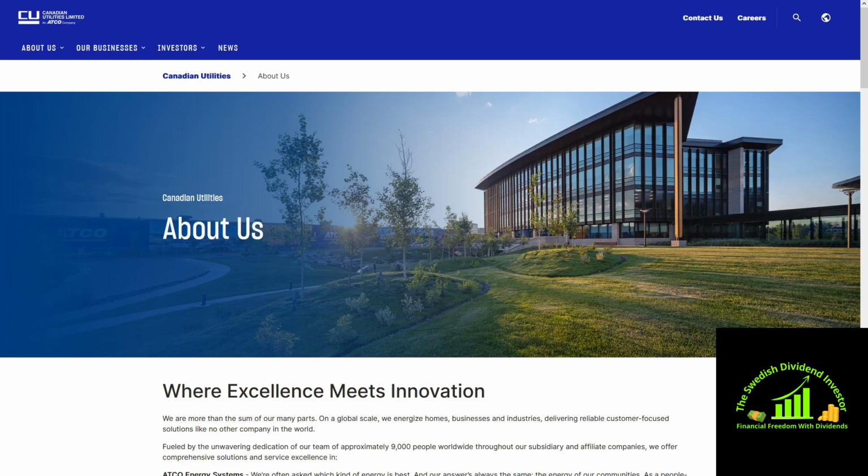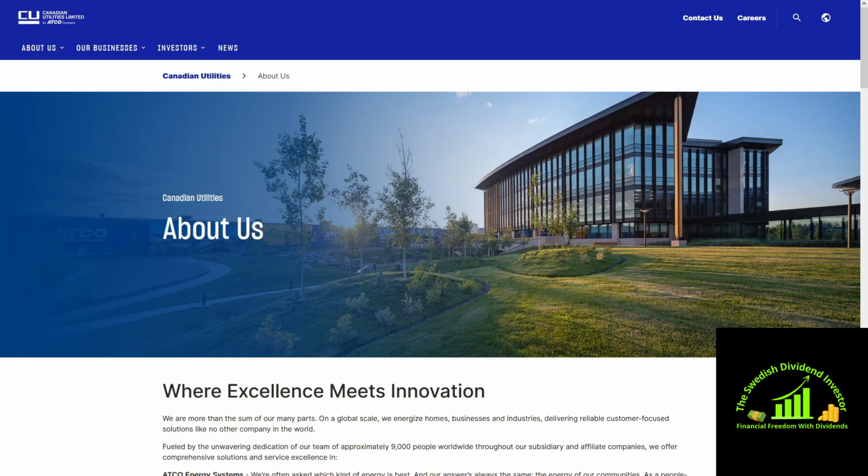To summarize it, Canadian Utilities is a diversified utility company based in Canada, primarily focused on providing essential service in electricity, natural gas and water. The company operates in various sectors, including electricity generation, transmission and distribution, natural gas distribution and water treatment.